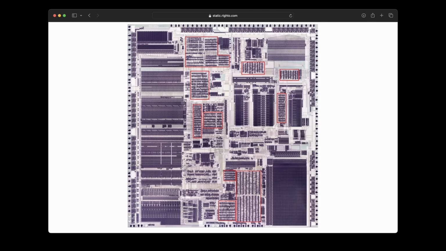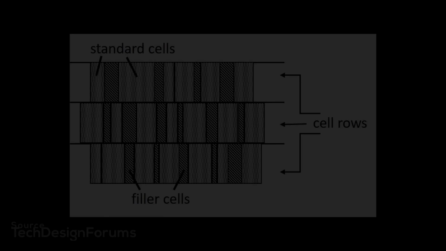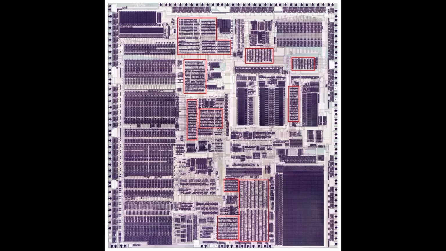As I mentioned before, we can't just place the standard cells we selected from the cell library anywhere we want. We have to follow certain design rules. And one of them is that standard cells are always placed in rows. These cell rows are exactly what it sounds like, just different cells next to each other. On the Intel 386 die shot, we can actually see the cell rows with our bare eyes.